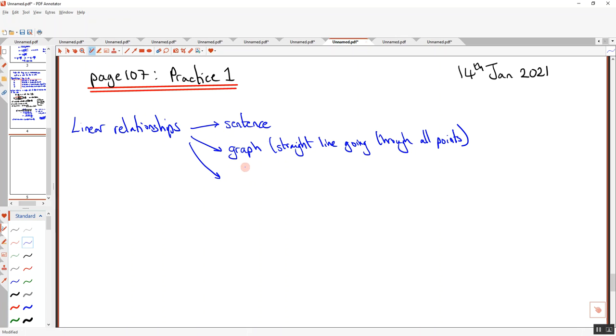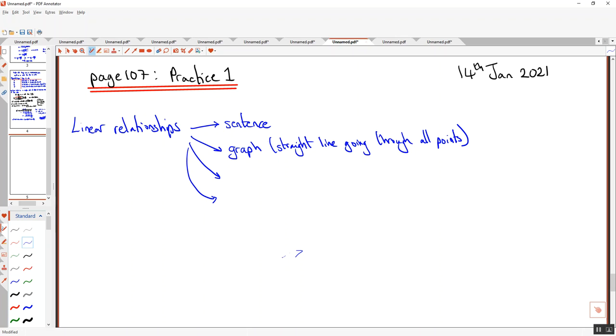Well, how else can we represent it? There's 2 other ways. Somebody else, come on. How else can we represent it?